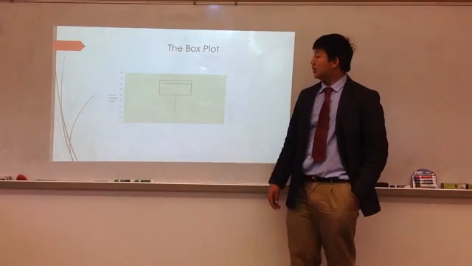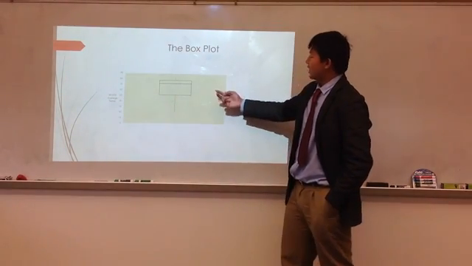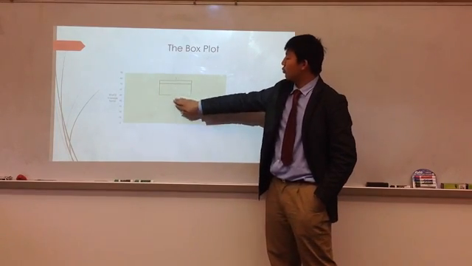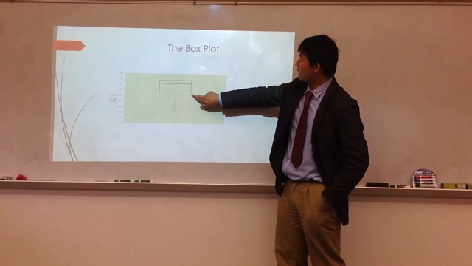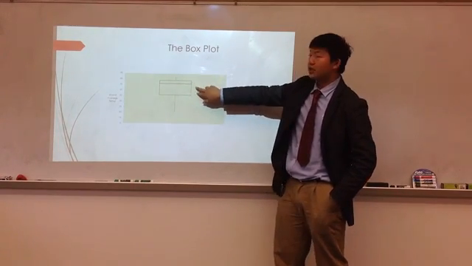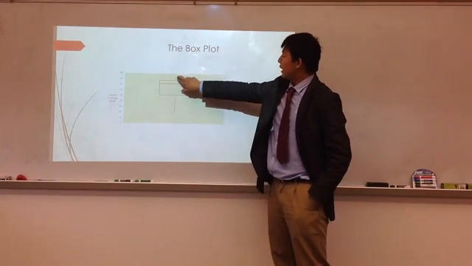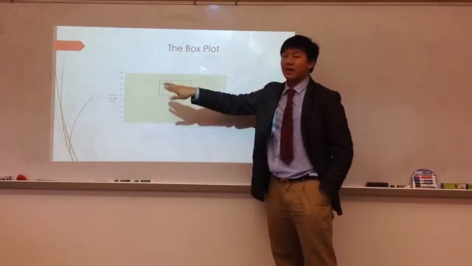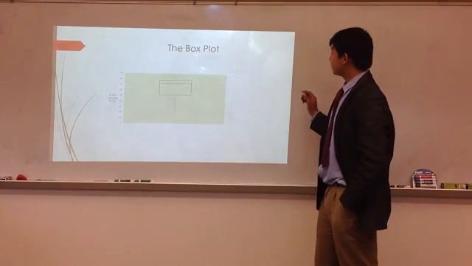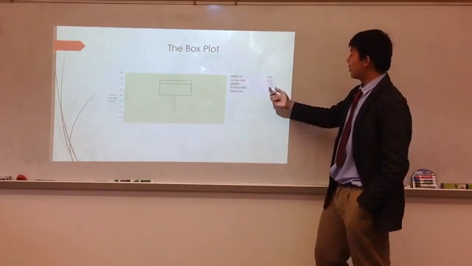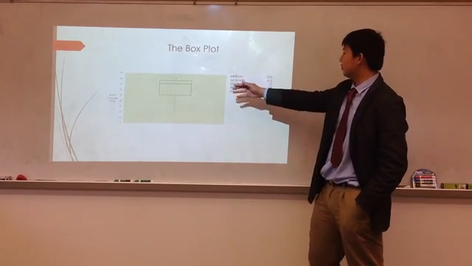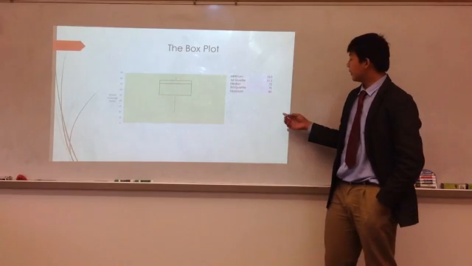Here's my box plot. As you see, it's pretty much left skewed because from the minimum to the Q1 there's a big range. And Q1 to Q3 is also a pretty big range. For the Q3 to the maximum, it's a little short range. Here's my data: maximum, third quartile, median, first quartile, and minimum.